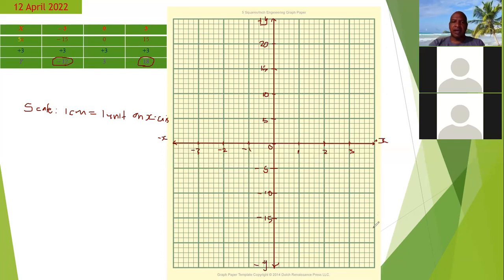All right, so here we have drawn our axes. Now we need to write the scale for the y-axis. So we're using now 1 centimeter equal to 5 units on the y-axis.